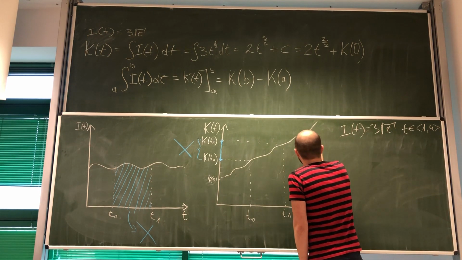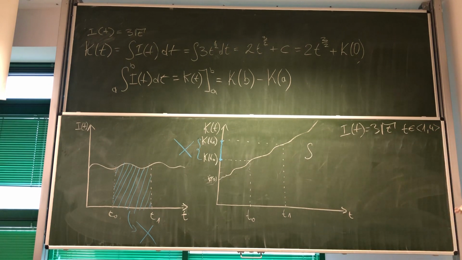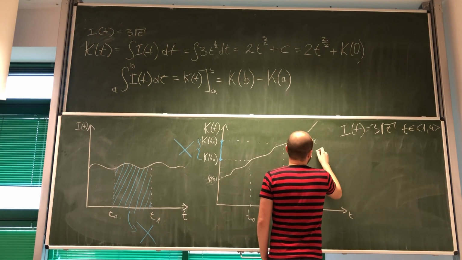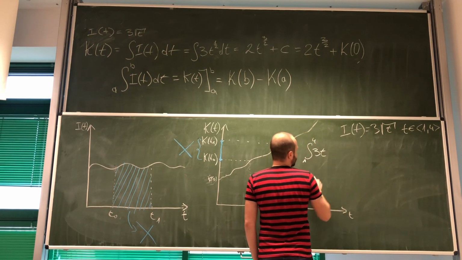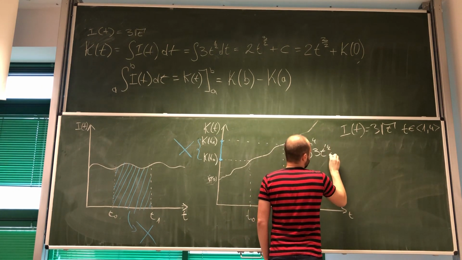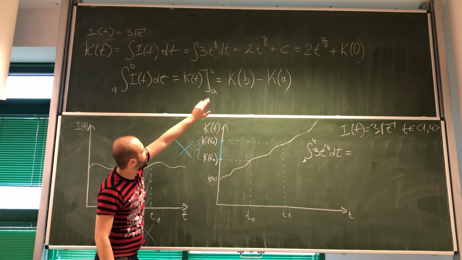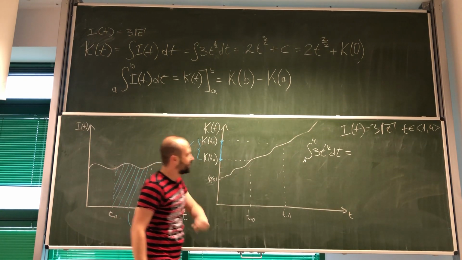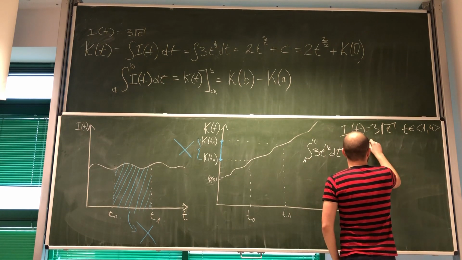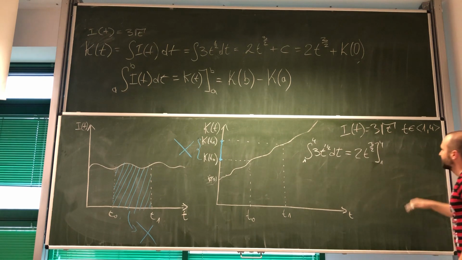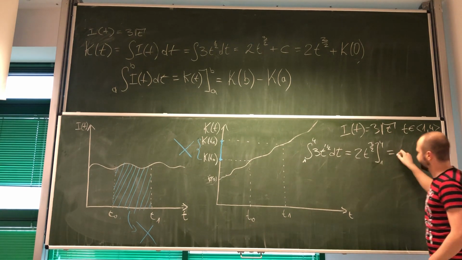Okay, so, how do we calculate it? Look, again, all we have to do is calculate a definite integral. This time from 1 to 4 of 3t to the power 1/2 dt. We already found the indefinite integral, so we know that this is 2t to the power 3/2, from 1 to 4. All we need to do is just substitute the values.